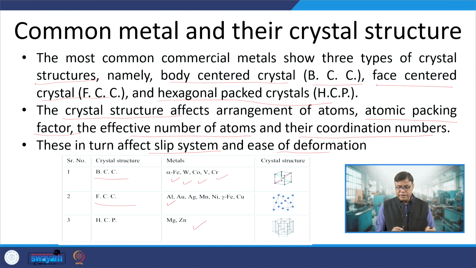Okay. So, why is it important? Because the crystal structure affects the number of slip systems associated with a particular metal. The lesser the number of slip systems, the more difficult it is to cause deformation, meaning it will require a greater stress level to cause the plastic deformation. Okay.